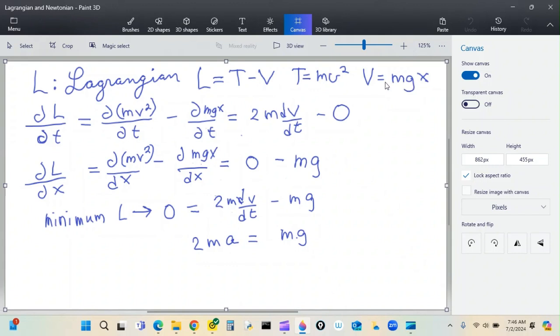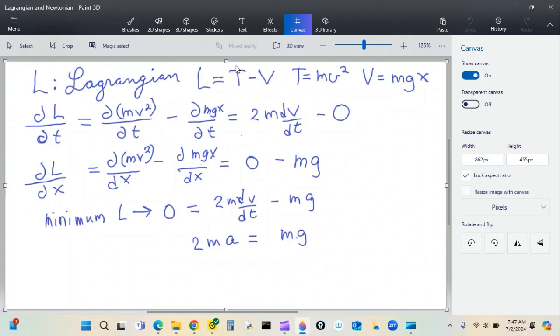Now, how are we going to find the least path? What's the least path? Well, here's how we're going to do it. First, I'm going to take the derivative of L and just look at the time elements that are existing.